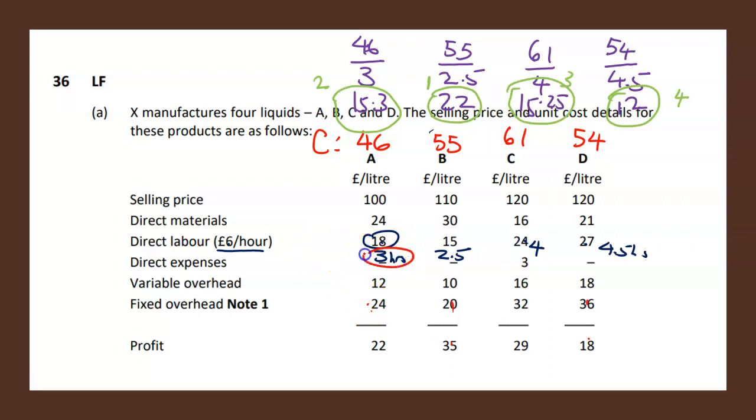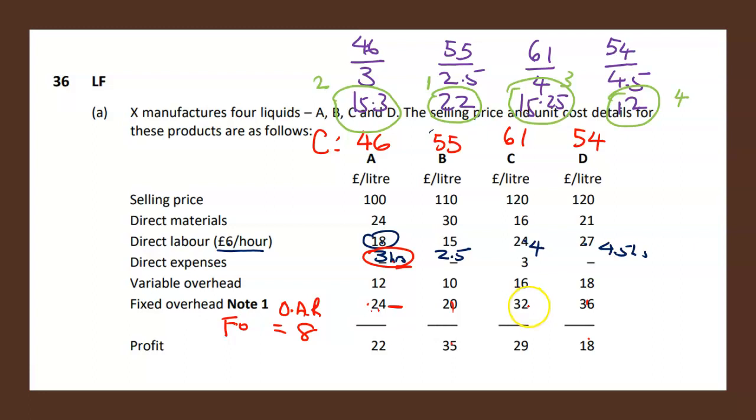So this is a good one to use. The reason you have 24 here is because someone has said that you have a fixed cost absorption, which is a figure. You multiply that by 3, and then you get 24. So 24 divided by 3 is 8. So obviously the overhead absorption rate is 8.